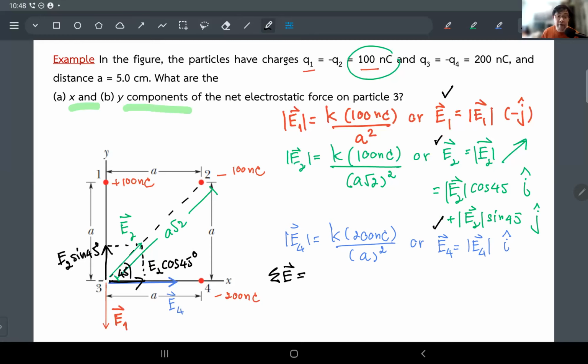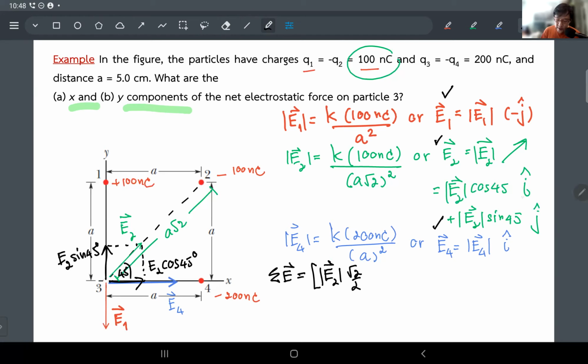Then you start from the x-axis first, the I components. So let me put everything into a combination for the I. You can see that I have E2 cosine 45, let me put it as root 2 over 2. That's from right there. Let me write it down first and I'll highlight it for you.